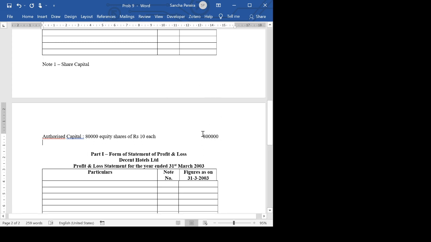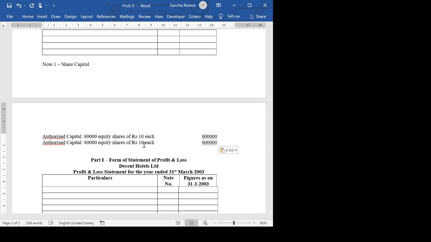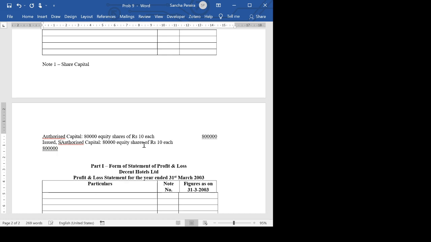Okay. Similarly, we have an authorized capital. We always close like this because we don't consider it to be part of the total. The next one is issued, subscribed, called up, and paid up capital.